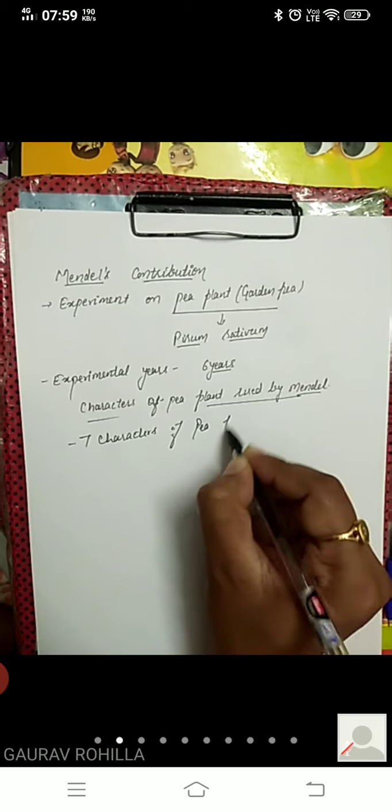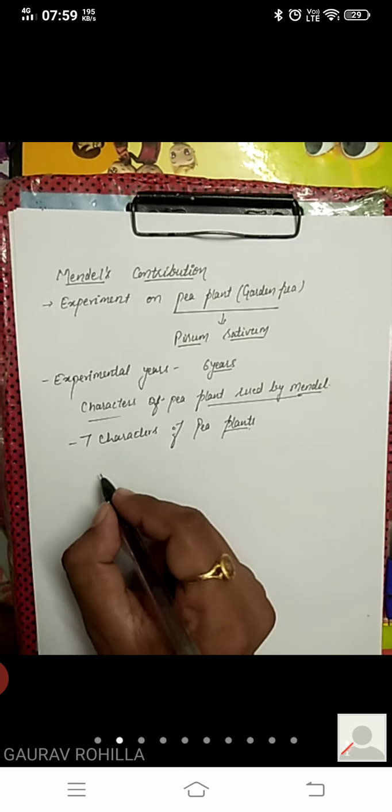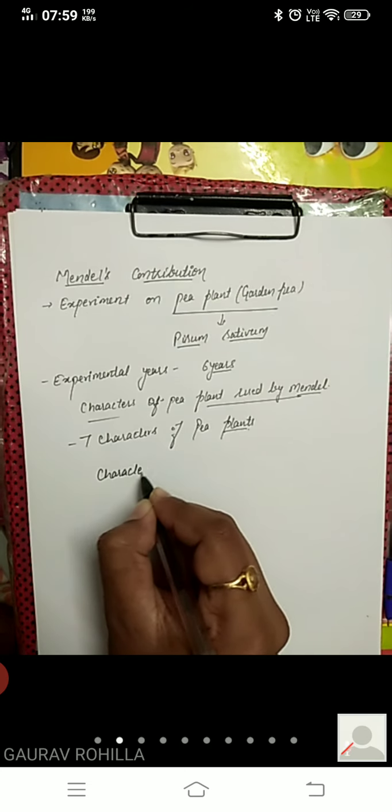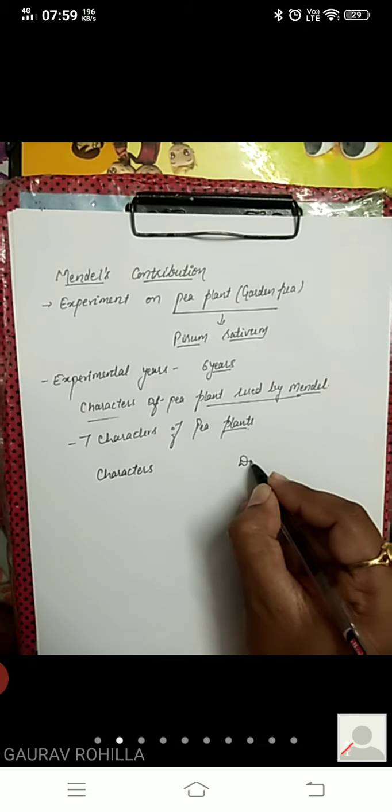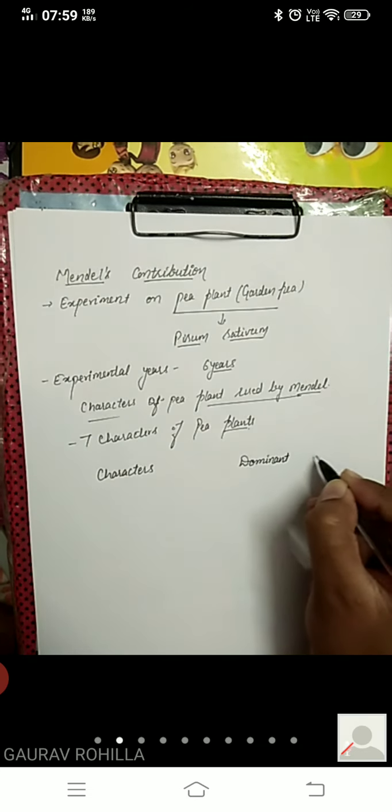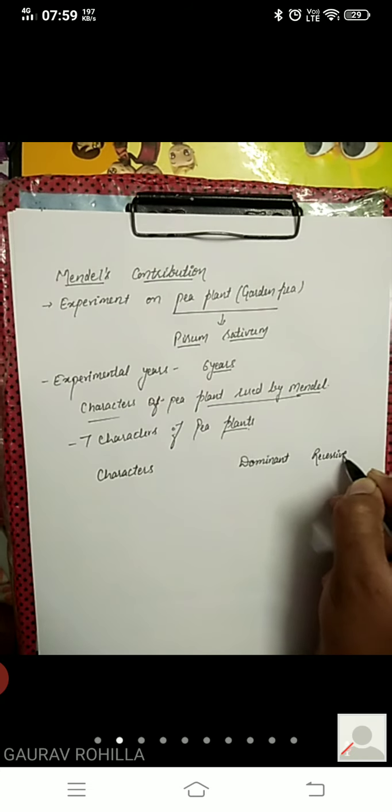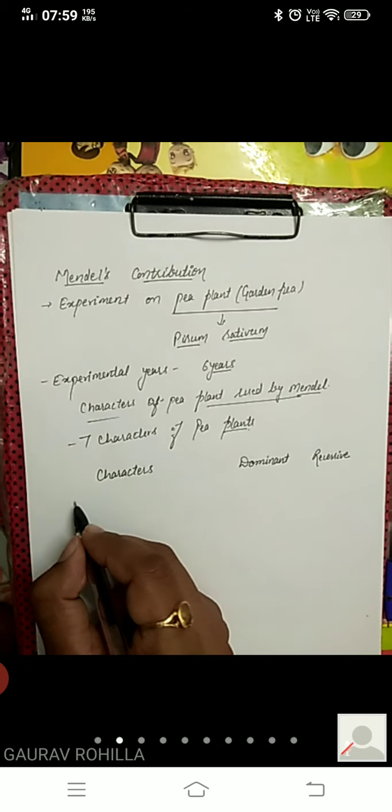You have to learn all of these 7 characters of a pea plant, with their dominant and recessive forms. First character, height of plant. Plant should be tall or dwarf.